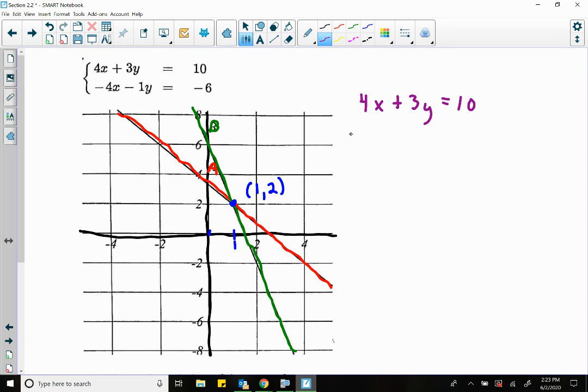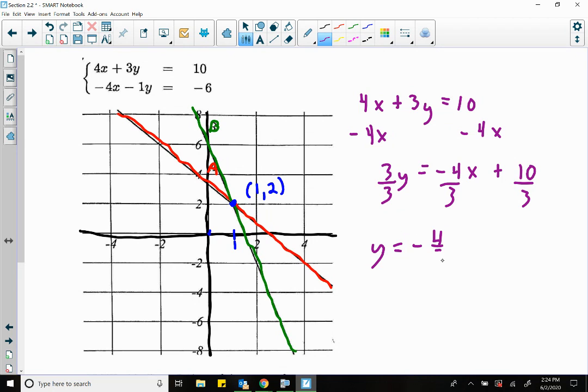First, subtract 4x. So 3y equals -4x plus 10. Next, get rid of the 3 in front of the y by dividing. Every number is going to get divided by 3. So we have y equals -4/3 x plus 10/3. Let's go to our calculator, put this in, and then we'll talk about how we figure out which line is which.